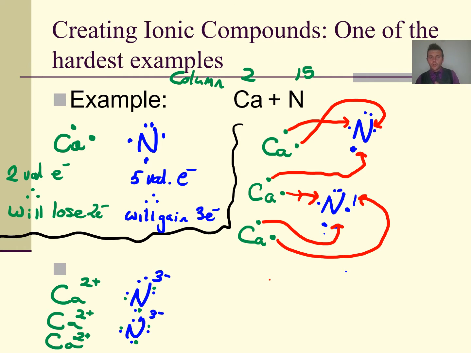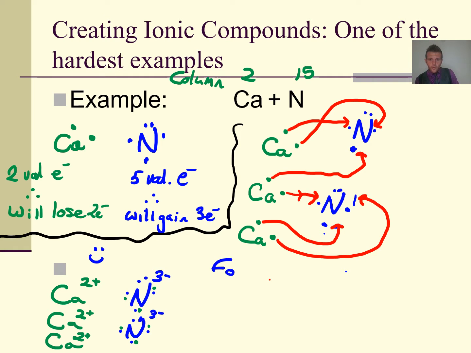So those are also okay as well, because remember, every ion is trying to get to either 0 valence electrons or 8 valence electrons. So nitrogen gained electrons until it got to the 8 valence electrons, and calcium gave those electrons away until it was able to get to 0 valence electrons. So this is pretty okay for right now.